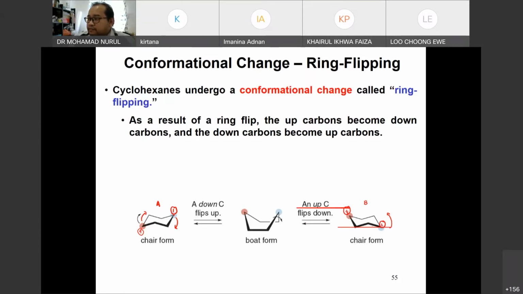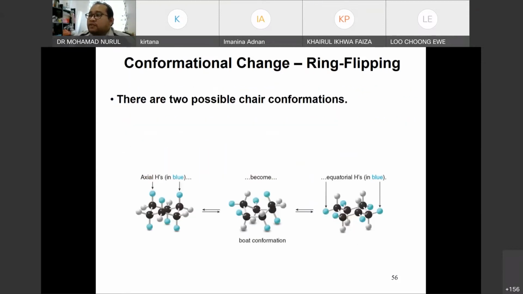In these positions, if we pull this one up, carbon number 1 has to go up and carbon number 4 has to go down. We will do more exercises about this to make sure everybody understands what is called flip up and flip down. So there are 2 possible chair conformations.